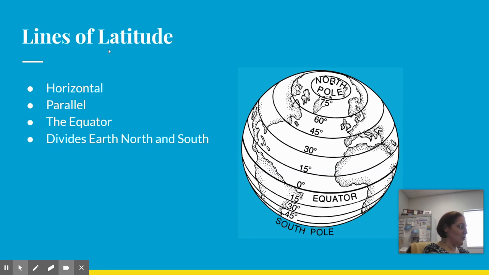The first word is horizontal, so I'm going to write that down. The next one is parallel. The next word is the equator. And then the next one is divides Earth north and south.